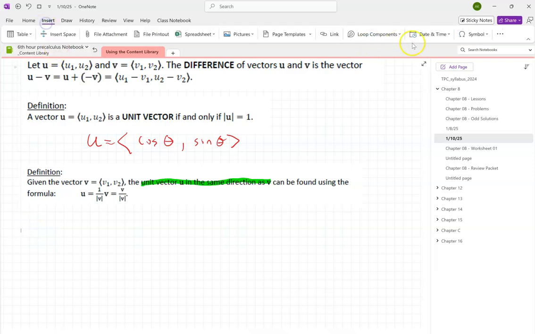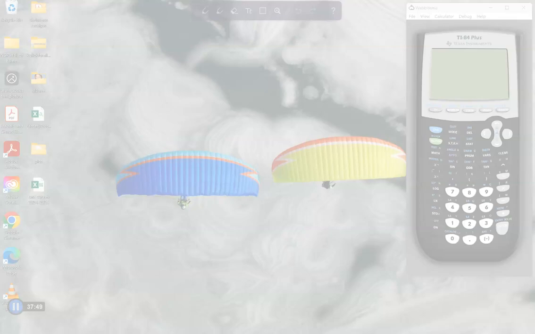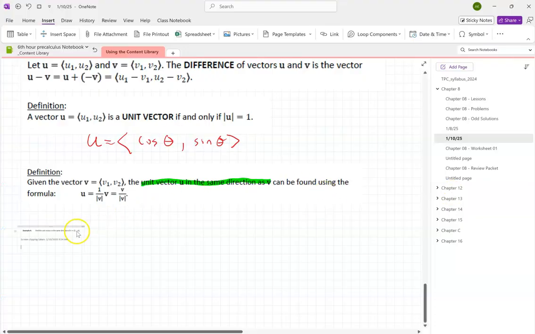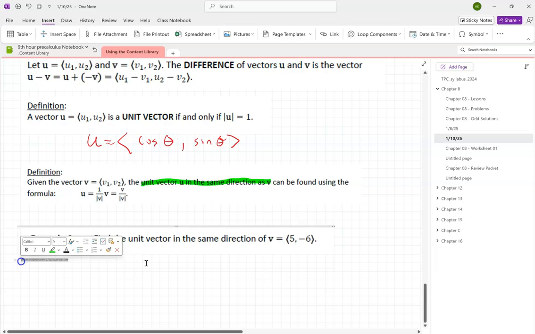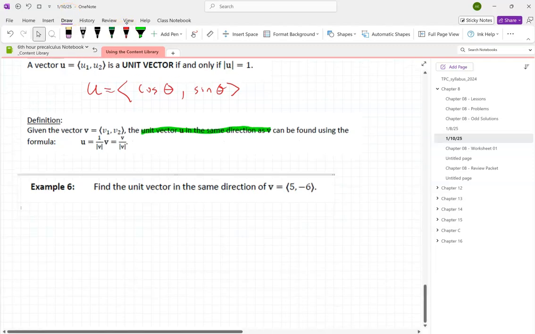So let's do a numeric example. This seems a little abstract right now, but if we do the numeric example and then graphically show what's going on, it should make a whole bunch of sense. Here we're asked to find the unit vector in the same direction as the vector 5, -6.